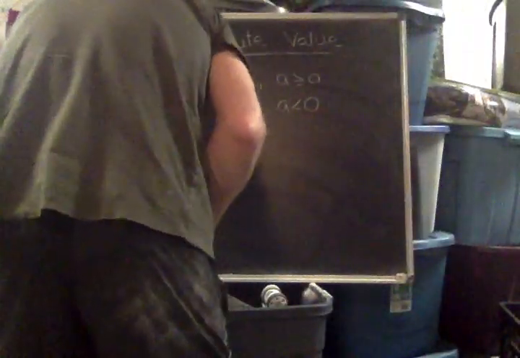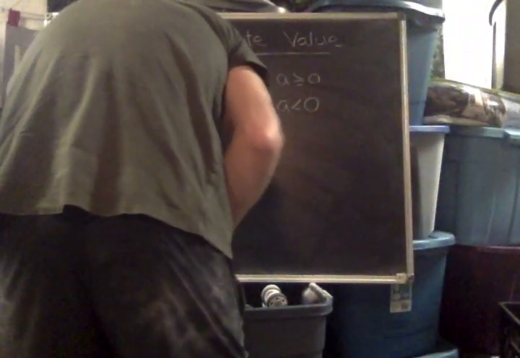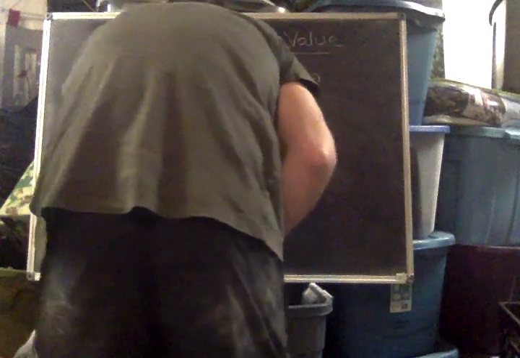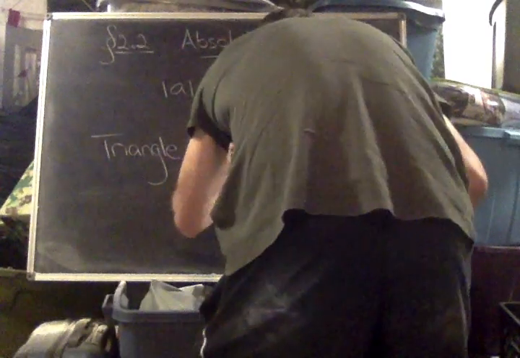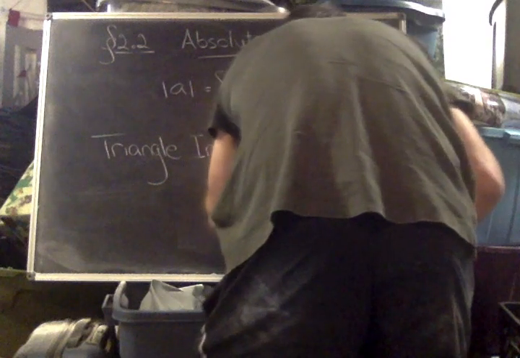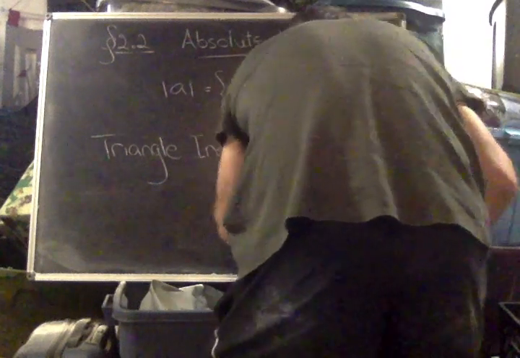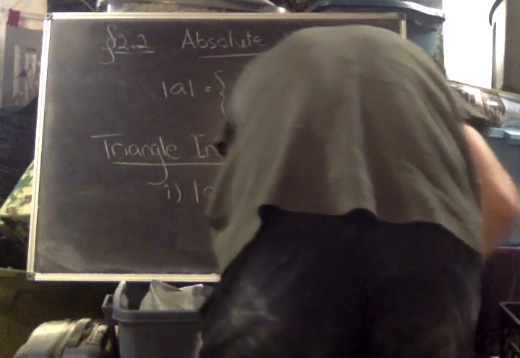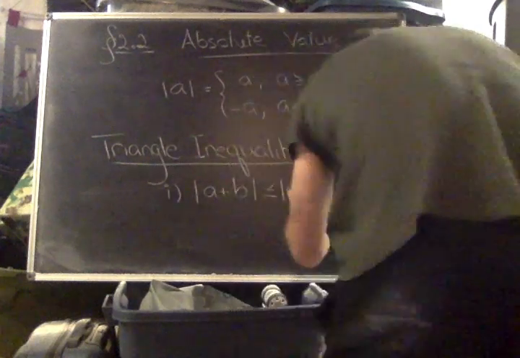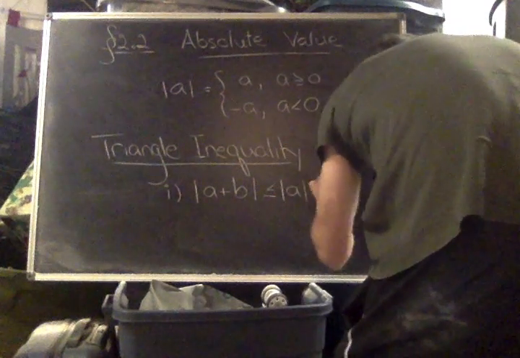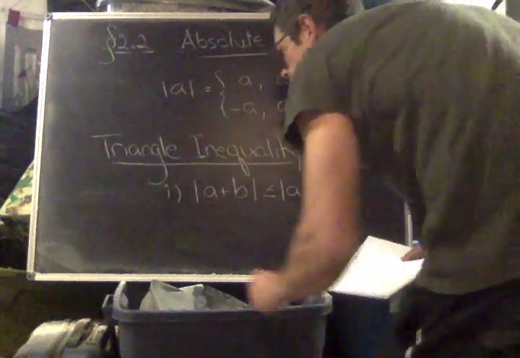And then we have an oft-used fact, the triangle inequality, which has two main formulations. The first is that the absolute value of a plus b is always less than or equal to the absolute value of a plus the absolute value of b.